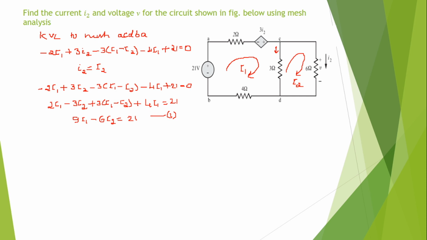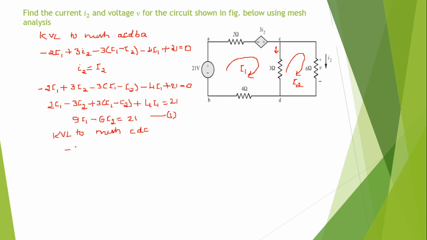Now coming to the second equation. Apply KVL to mesh 2, that is mesh C, D, C: C to D and D to C. In the 6 ohm resistor, what is the voltage drop?